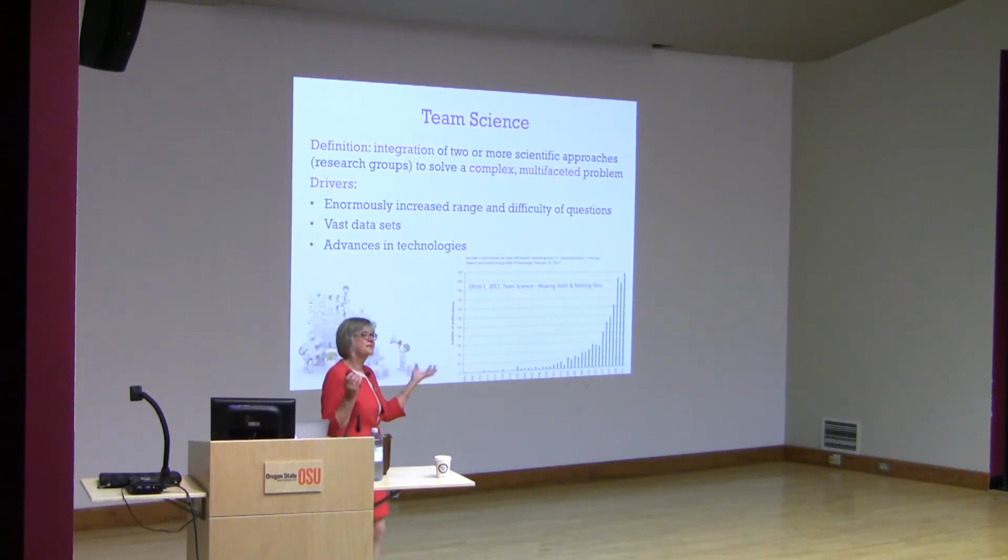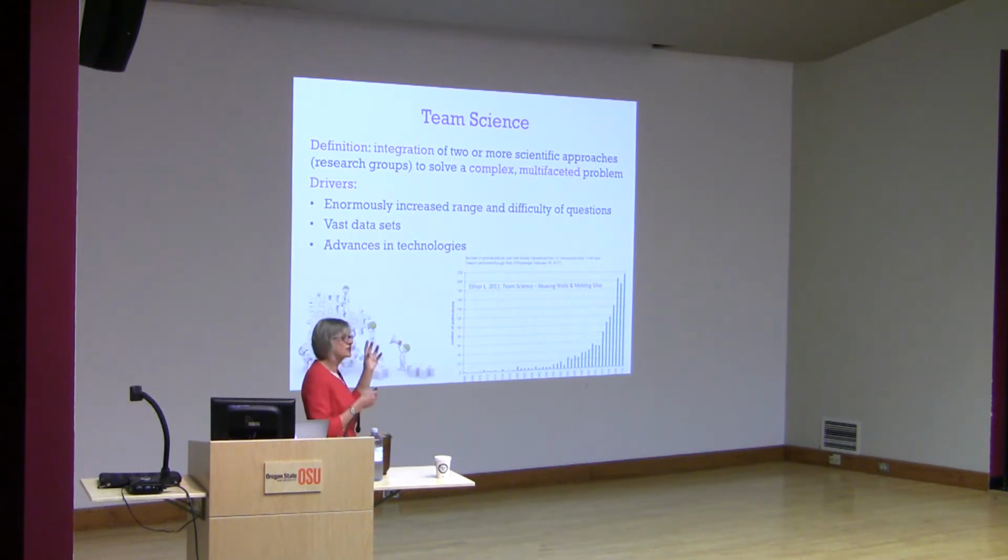So what do I mean by team science? Team science is really when two or more research groups come together to solve what we call a complex or multifaceted problem. And the reason why those different groups come together has to do with the fact that we have a vastly increased range of questions that we are asking now in the sciences, and that the difficulty of the questions has also increased.